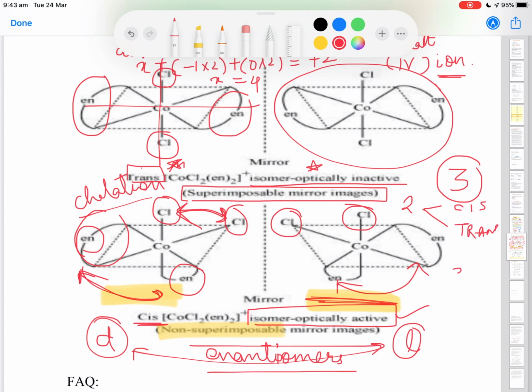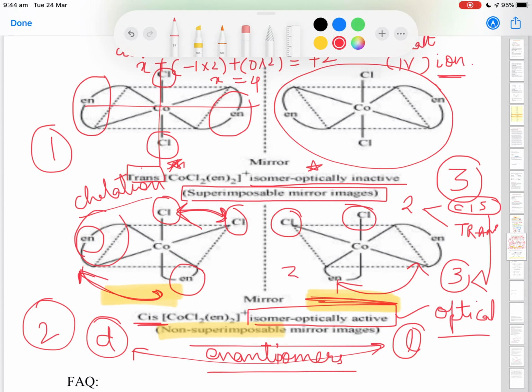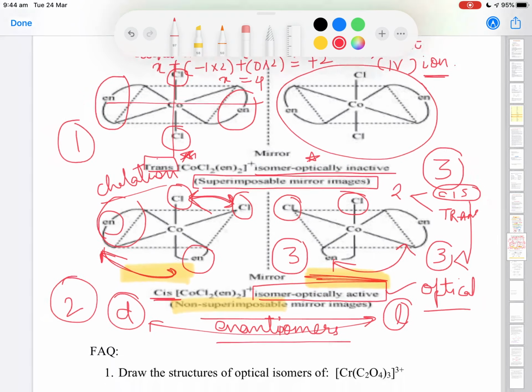And the third one, because cis is going to be observed as optical isomers as well. So in all, there are 3 isomers to name. Here we have 1, 2 and 3. This one we don't, because this is same as compound 1. I think this is pretty clear to you.